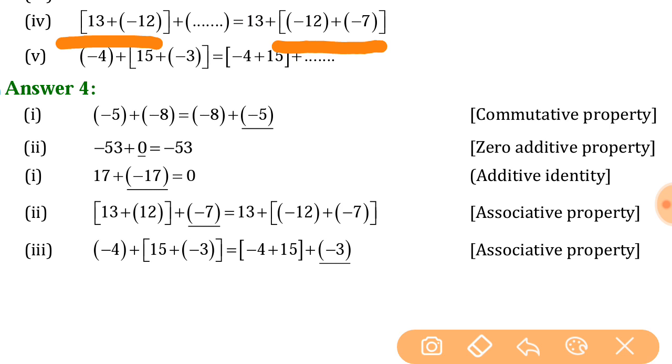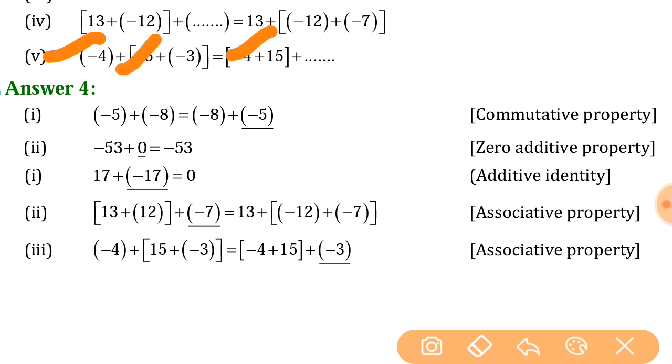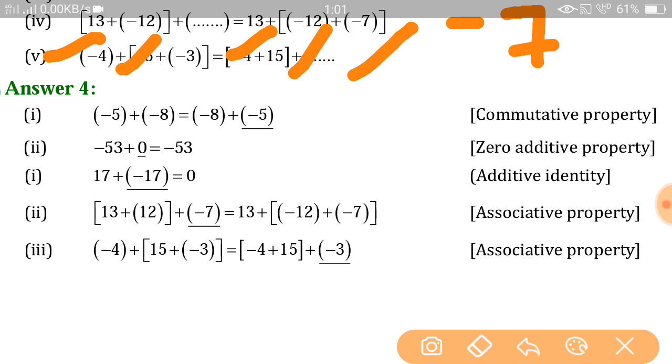It means all are in the associative property of addition. See, positive 13 is there here, and here also 13 positive. Minus 12 is there, but minus 7 is here and not there, so the answer is minus 7 in the fill in the blank.